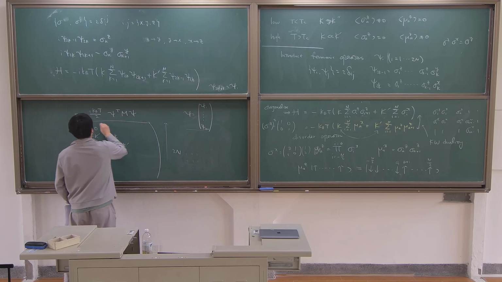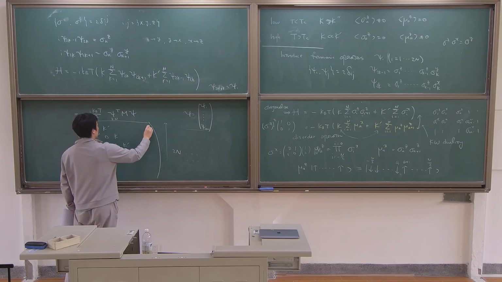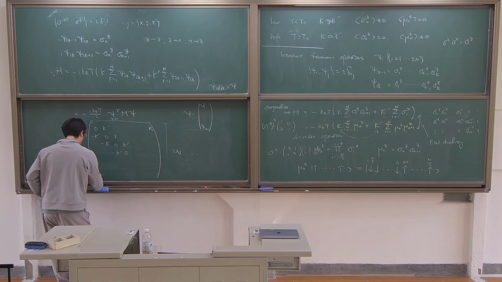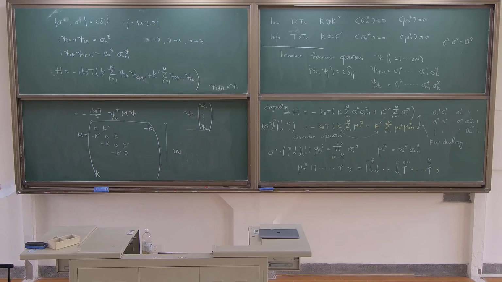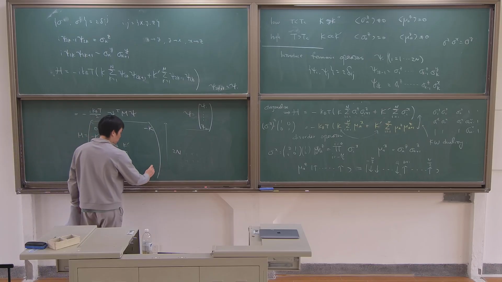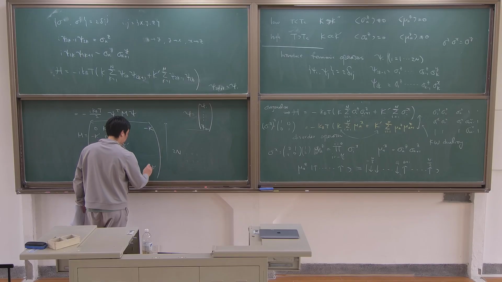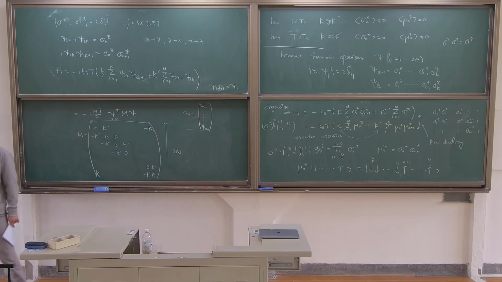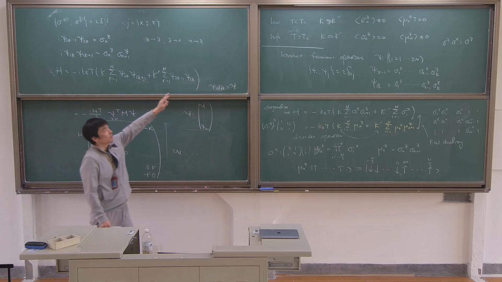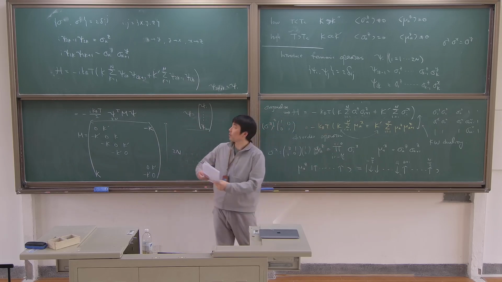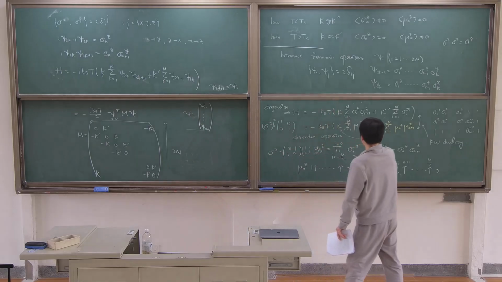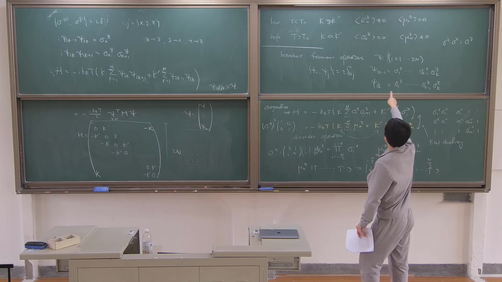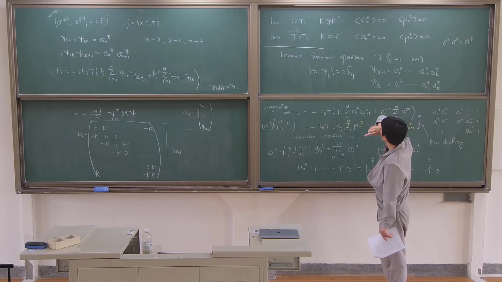The important thing is that at the end this kind of matrix will show up. So starting from this quantum Hamiltonian, we introduce this fermion operator, which is just a product of this bunch of Pauli matrices.